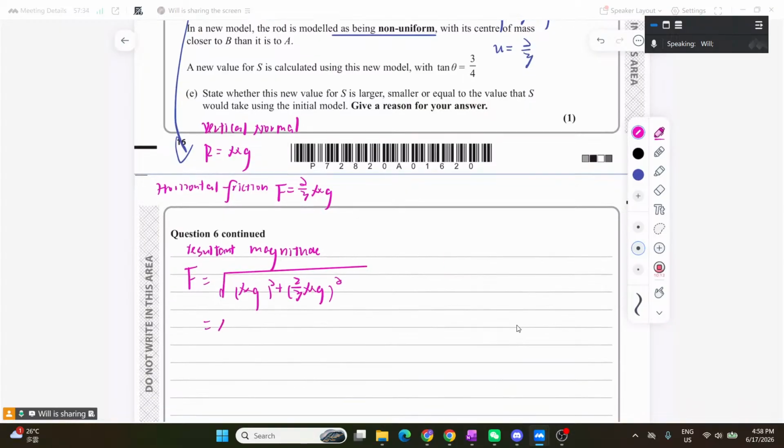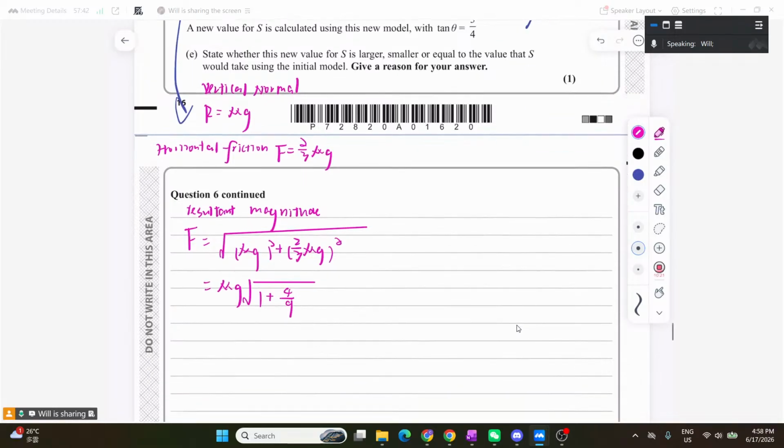Then it's mg times the square root of 1 plus 4/9. Then we can get the answer.